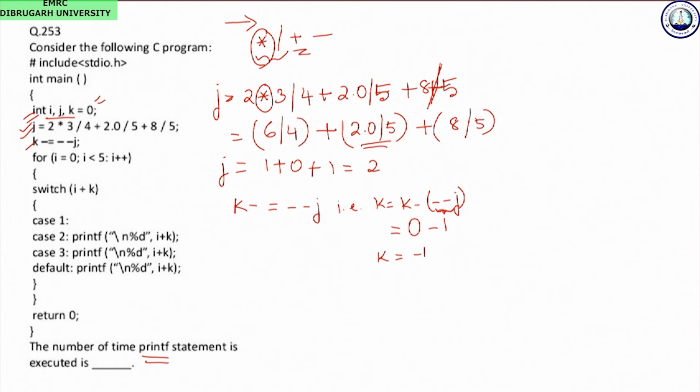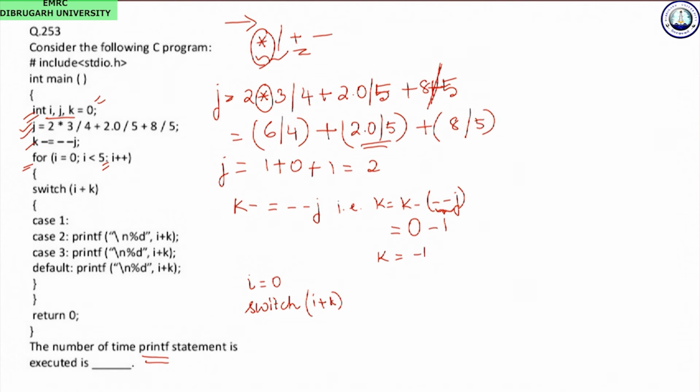Then coming to this for loop. Here first we will start with i is equal to 0, till i is equal to 5 we will do it. Switch of i plus k.